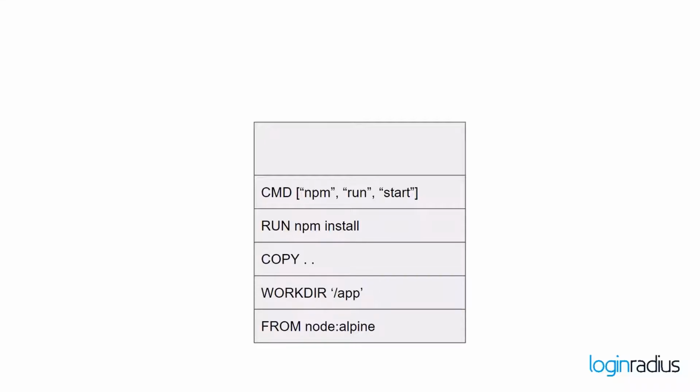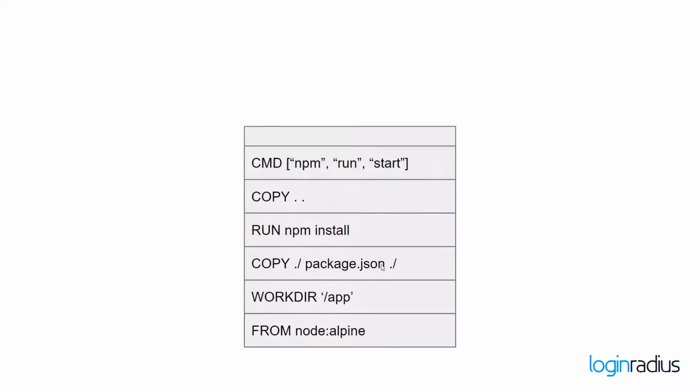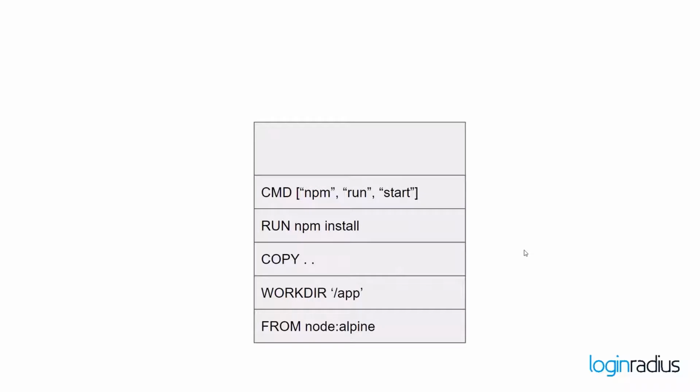We changed anything, even if we have changed the readme file, this npm install is going to get run. And this is what we don't want, because it should run only in specific cases. That means if we have some change in package.json, only then it should run. It should not run if we have changed even a bit in a readme file.